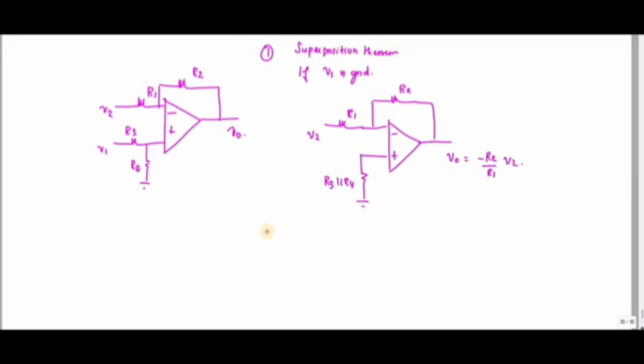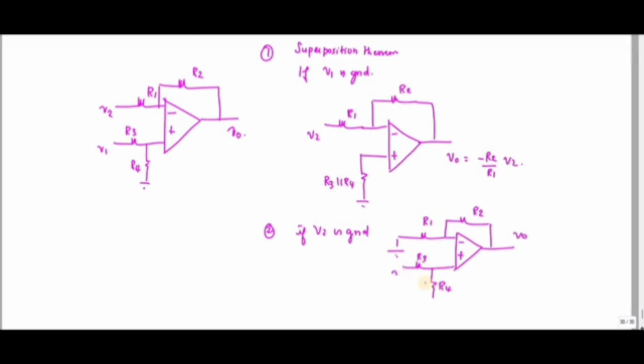Next, I'm going to consider V2 is grounded. The circuit looks like this, right? R1, R4, R3, and this is V1. If I take this point as VA, what is the value of VA?